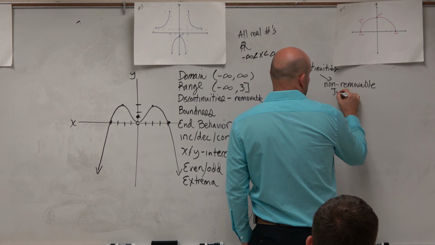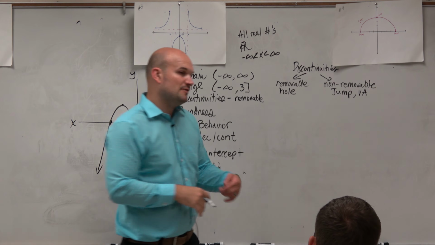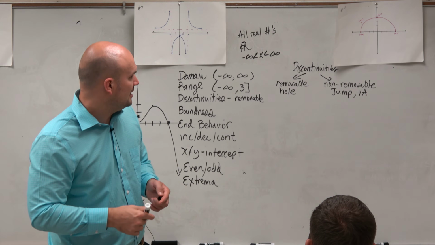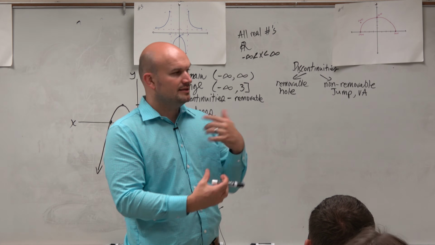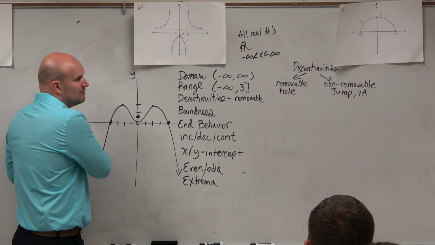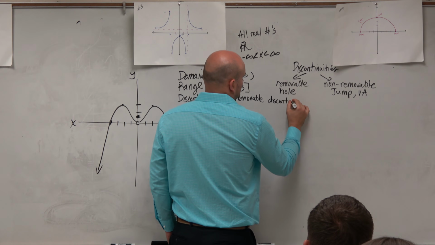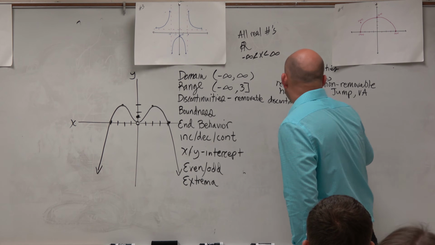Non-removable is like a jump or a vertical asymptote. So if you have a discontinuity that's a vertical asymptote, it's non-removable. And if it's a jump, it means you're going from one function to the next, that would be non-removable as well. So we would say this is a removable discontinuity at x equals 0.